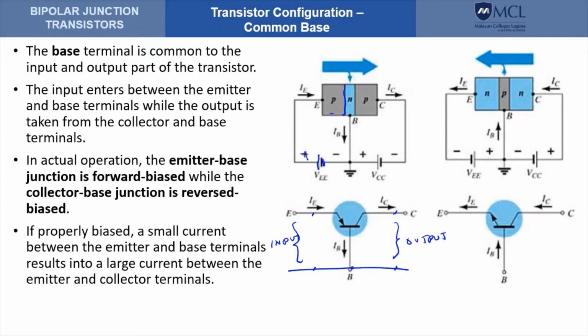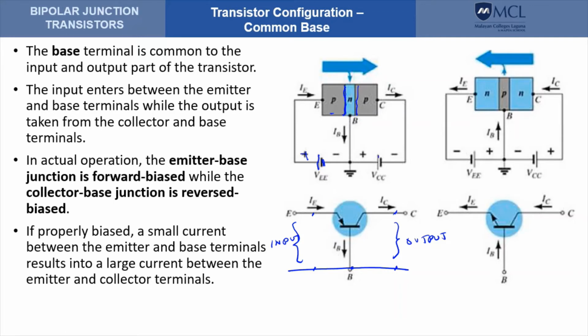So therefore, this junction of the emitter and base is forward biased, while the collector base junction is reverse biased.